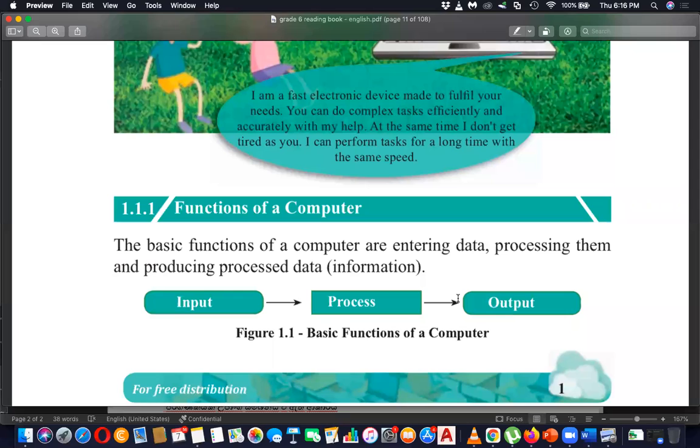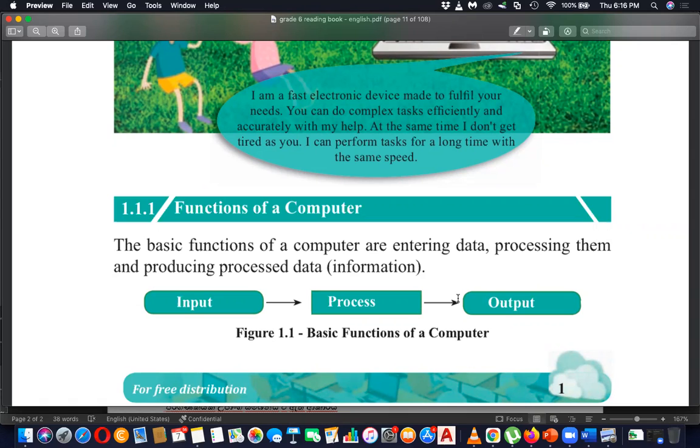Hope you understood that. When eating pizza, the process is eating and digestion, and the output of that process is absorbed nutrition and energy. Okay? Now you know.